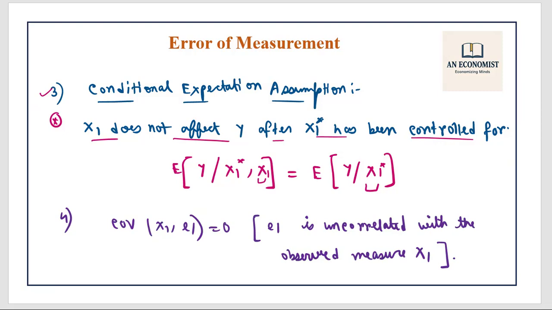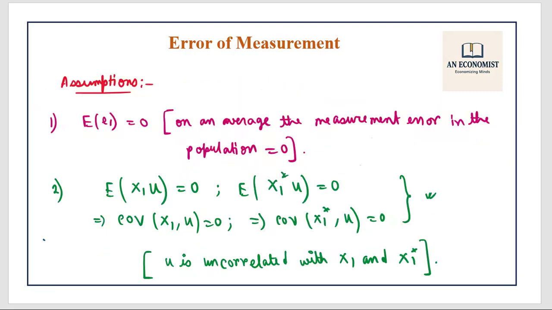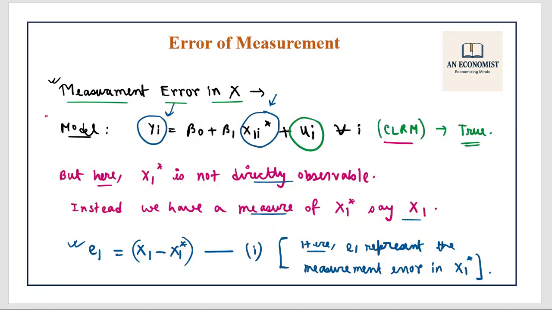Now there is a consequential assumption that comes directly from here. Covariance of x1, e1 is 0. So if that is true, what can you say about the covariance of x1 star and e1? Can you pause the video and think what this will be? For that, you need the relationship that we defined earlier: e1 is simply x1 minus x1 star, right?